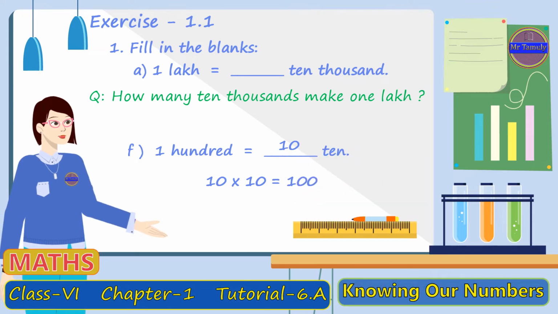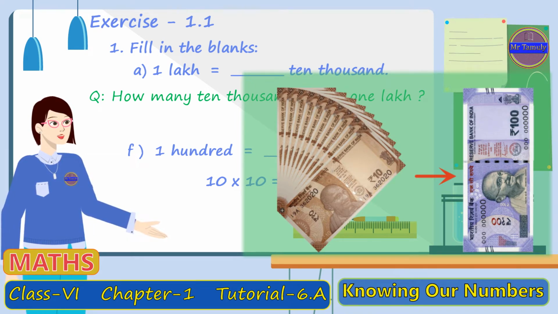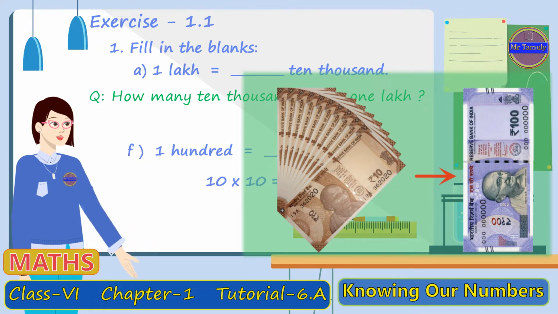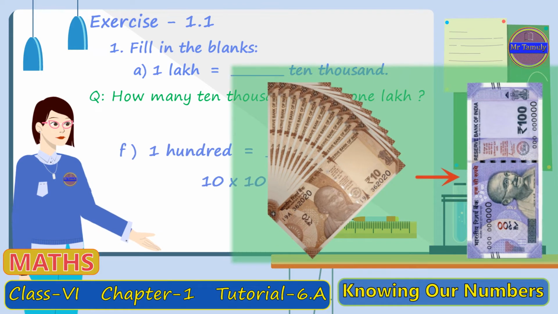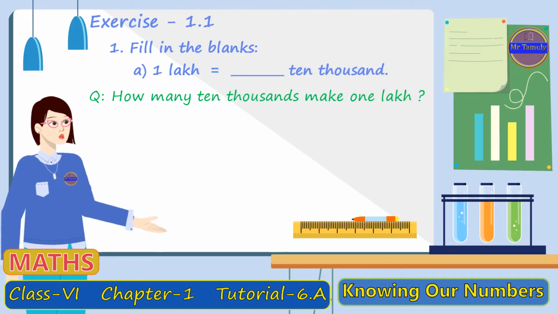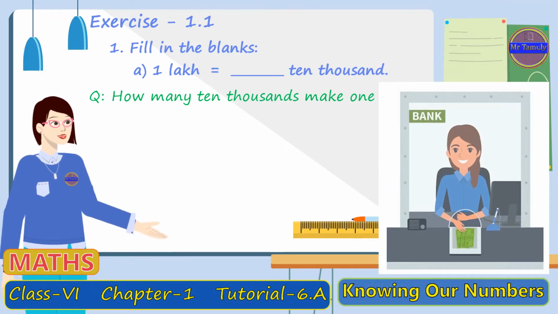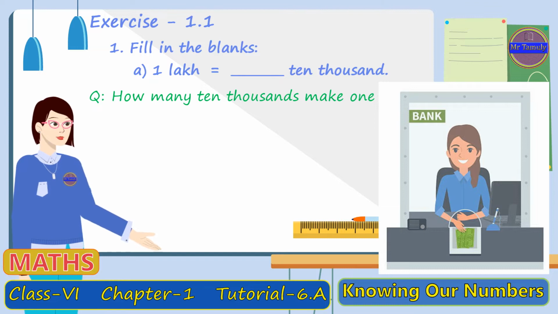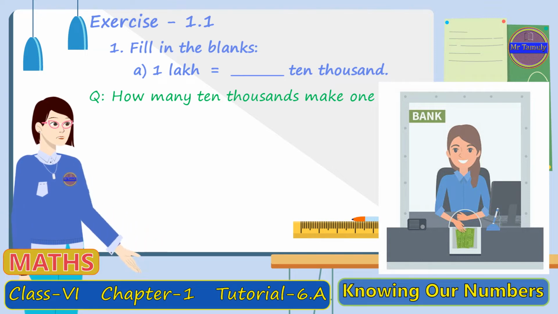Or, probably because you know that 10 rupee notes are equivalent to a 100 rupee note. But when you try to work out in your mind how many 10,000s will be equivalent to 1 lakh, you find it harder because you don't yet have enough practice with larger numbers. But a person who works in a bank will be able to work out such equivalences instantly, because he always works with large sums of money like lakhs and thousands.